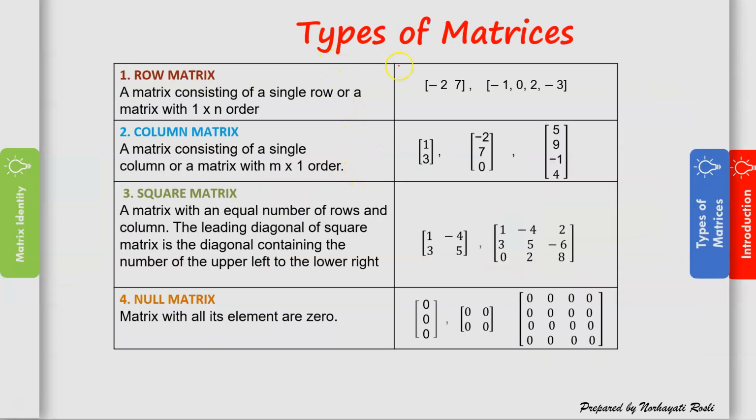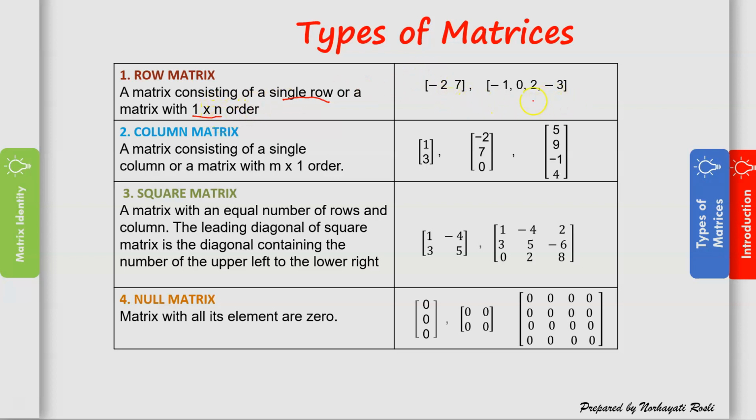And then we go to types of matrices. We have first the row matrix. A row matrix is a matrix consisting of a single row, or a matrix with 1 times n. If you still remember, this one refers to the row and this n refers to the column. So only one row and the columns can be any number.